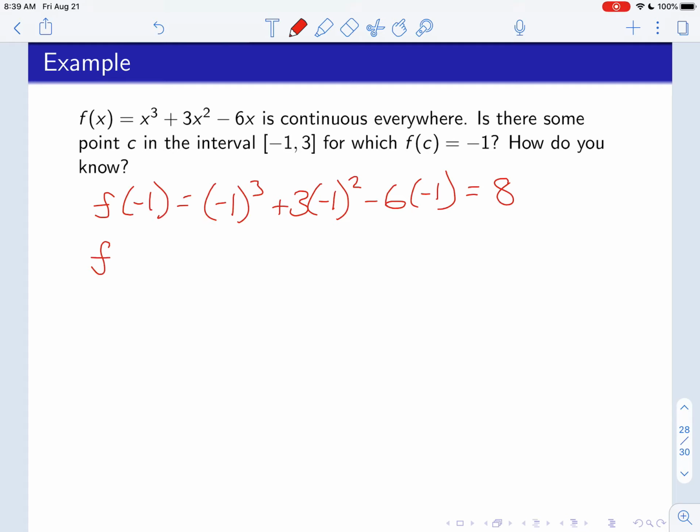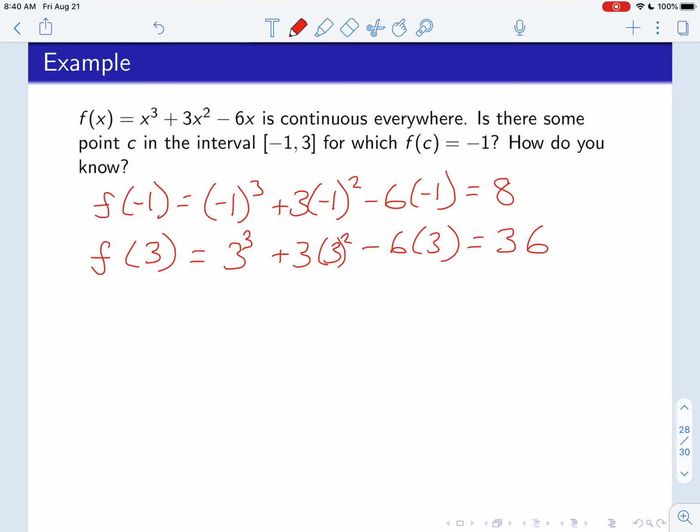And I need to find f of 3 because that's my second x value. So 3 to the third plus 3 times 3 squared minus 6 times 3. And when I do all of that, I come up with 36. All right.